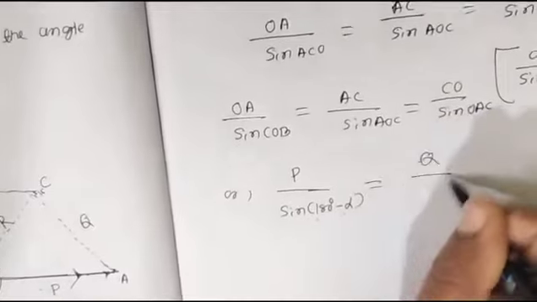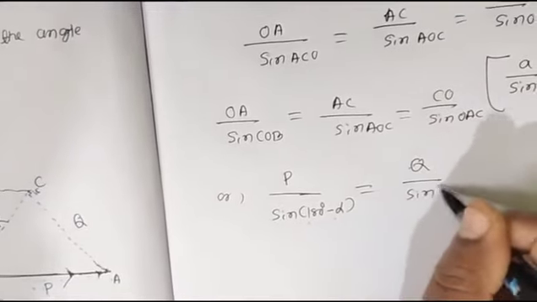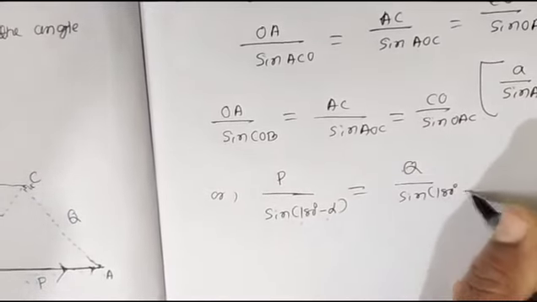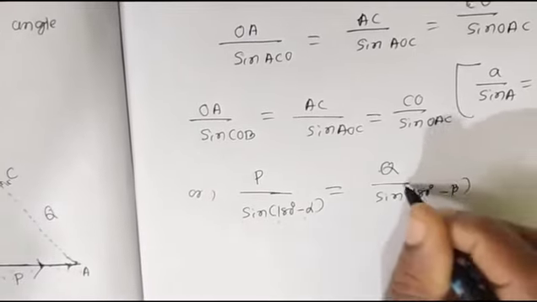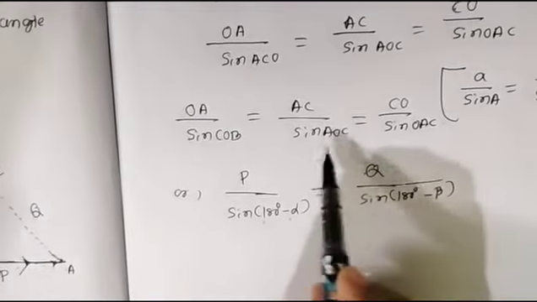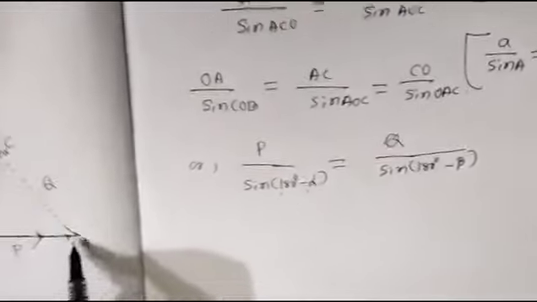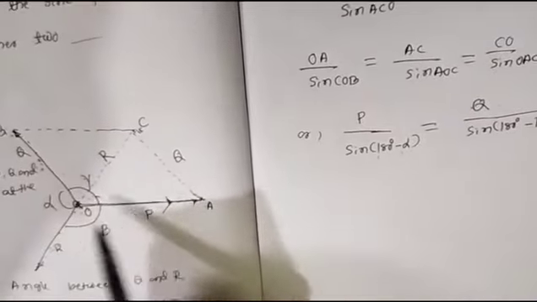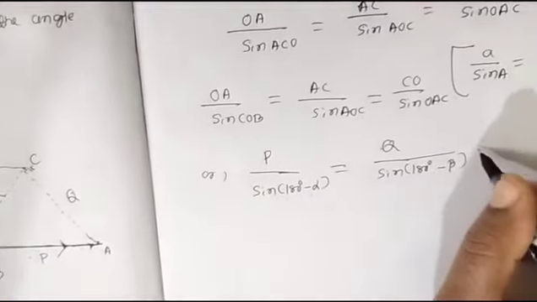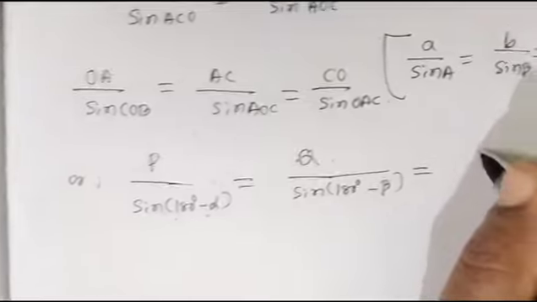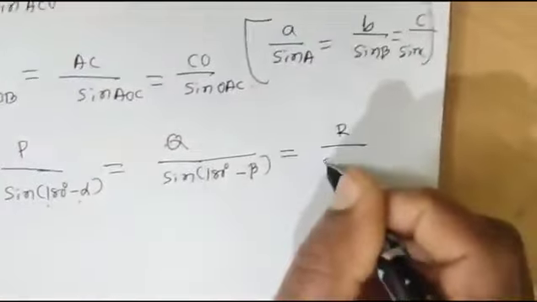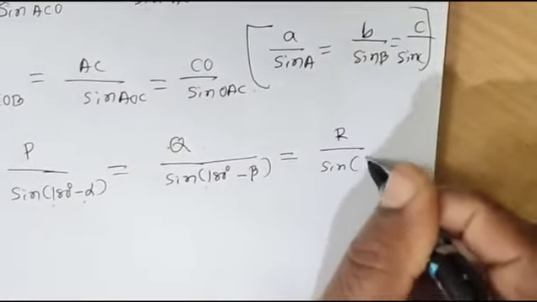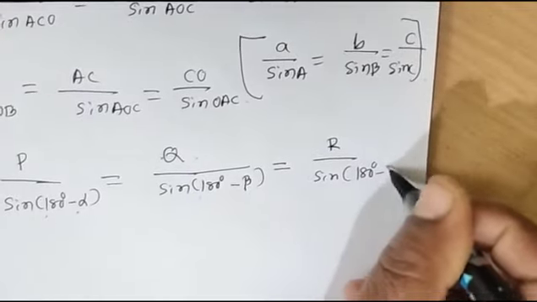Q by sin 180 degree minus beta, because AOC is equal to 180 degree minus beta, is equal to R divided by sin 180 degree minus gamma.